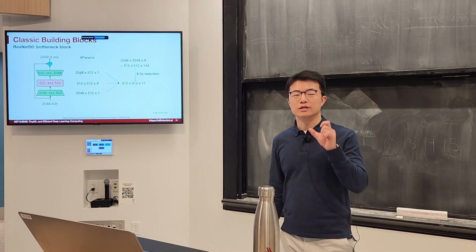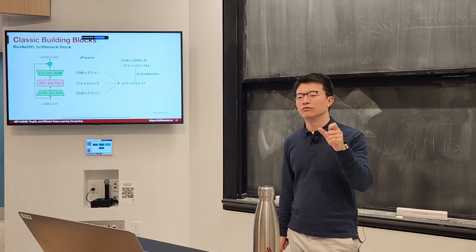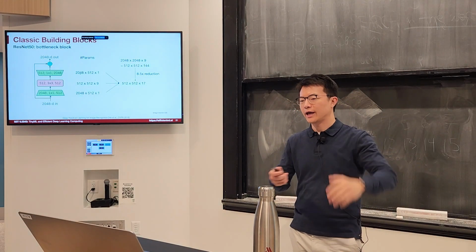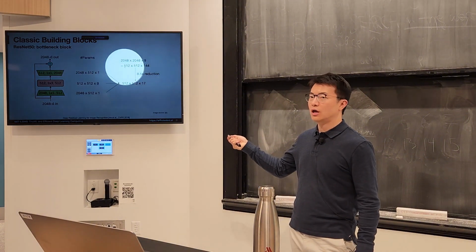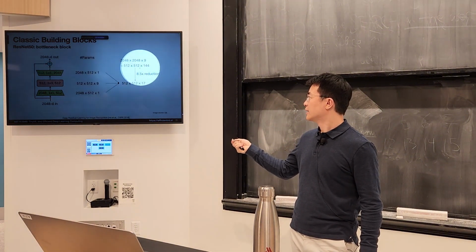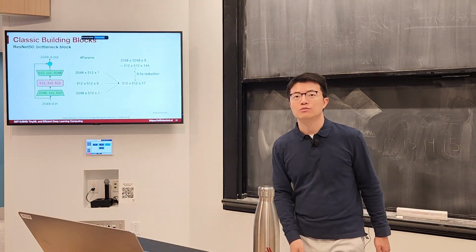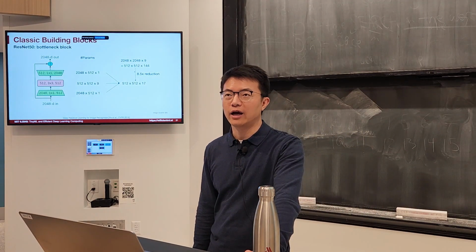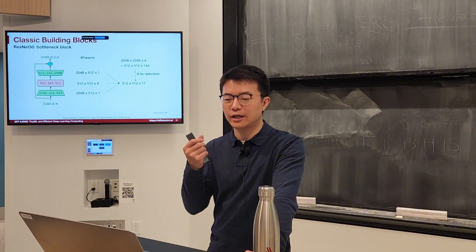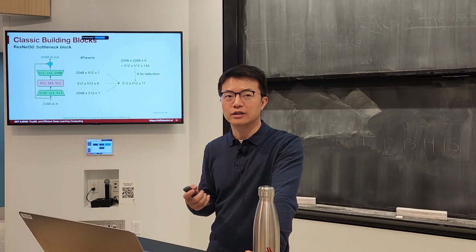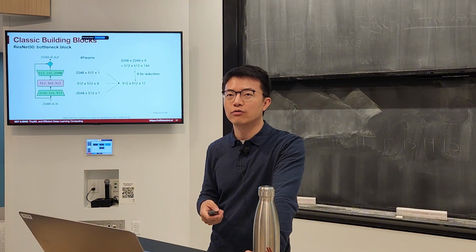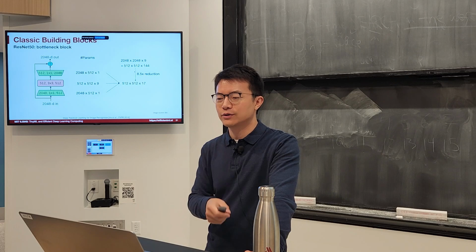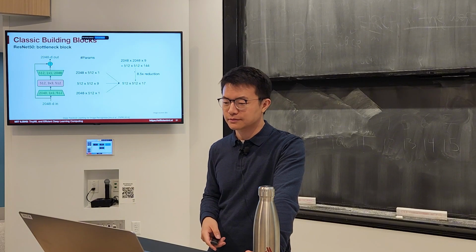Again, compared with just using a single 3x3 conv from 2K to 2K, that would cost 2K by 2K by 9, which is 8.5 times higher compared with this bottleneck architecture. So the bottleneck architecture in ResNet 50 is quite efficient with respect to both the number of MACs and the number of parameters.